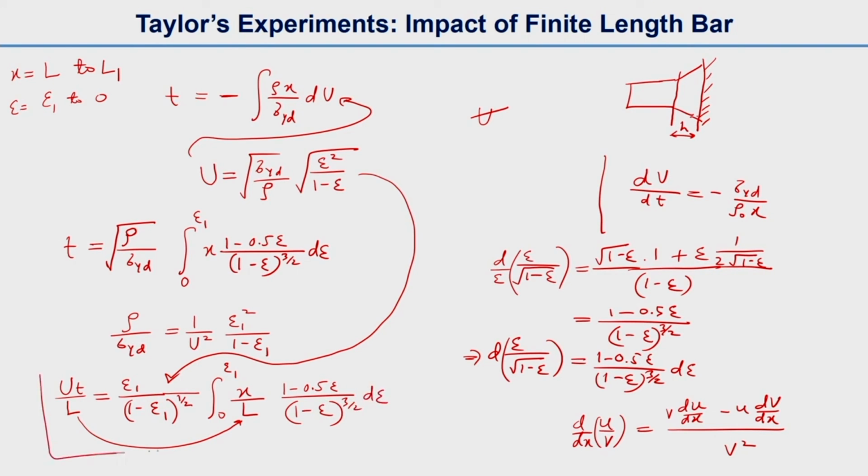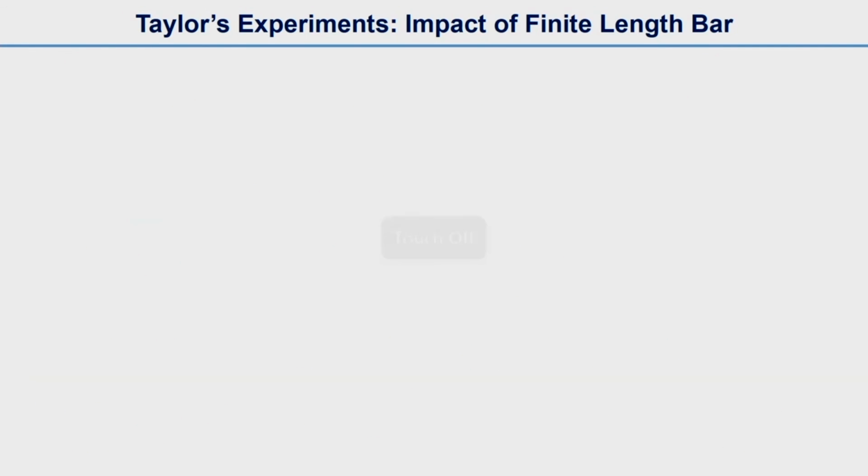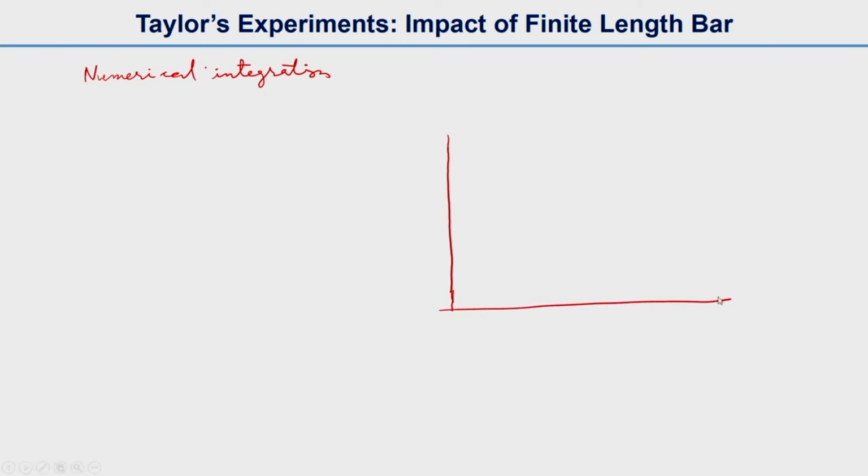So if we want to do numerical integration of the earlier expression, it will give me some curve, that can be in terms of ut by L, and this way you can have H by L. H is the thickness of the plastically deformed region.